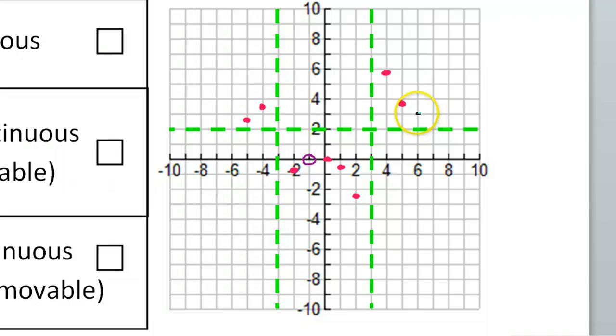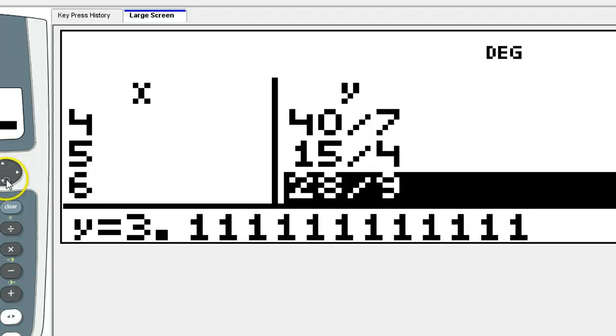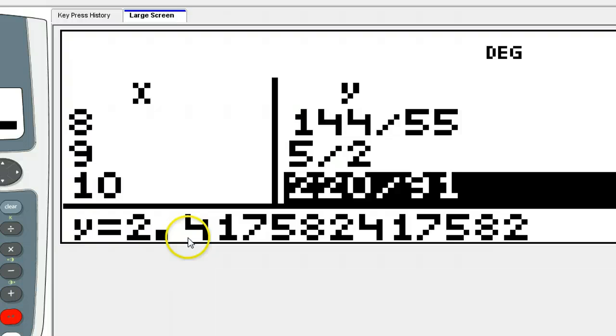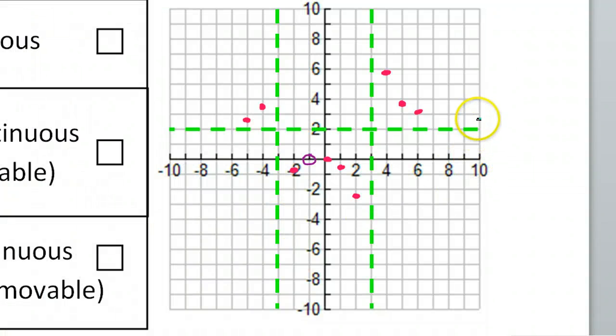That's about right here. I can see what's happening. I'm going to skip to 10 just for fun and see what's going on at 10. At 10, I have 2.4. So 2.4 would be right about here.